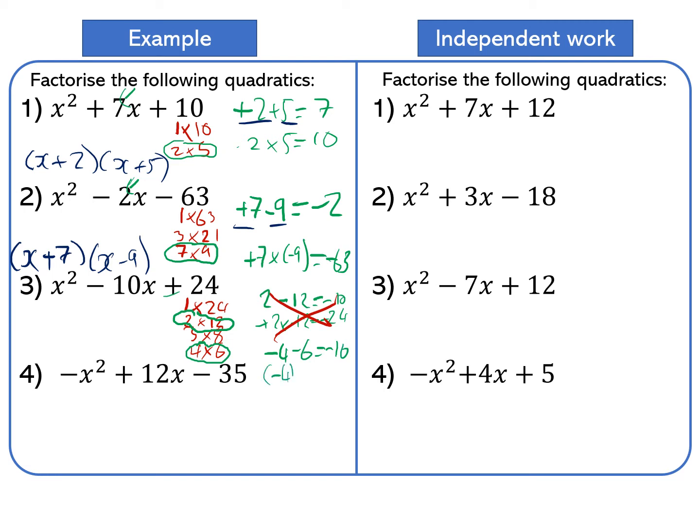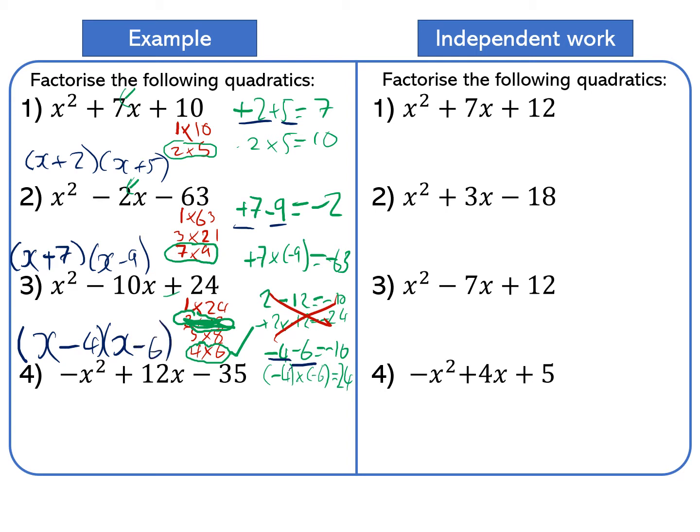Minus 4 times minus 6 equals, two negatives give me a plus, that's plus 24. So this pair was wrong, this pair is correct. And now I'll just substitute that in. So we got x minus 4 and x minus 6.